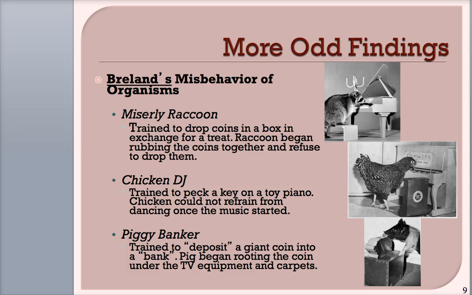Sorry about that. So he would take these saucers and put them into the box, and then he would take them out. And he would hold them and rub them together, and then put them back in, and take them out and lick them and rub them together and put them back in. And it was like, what is going on? But he wouldn't let go of them. He wouldn't make the deposit. And so it was a problem.